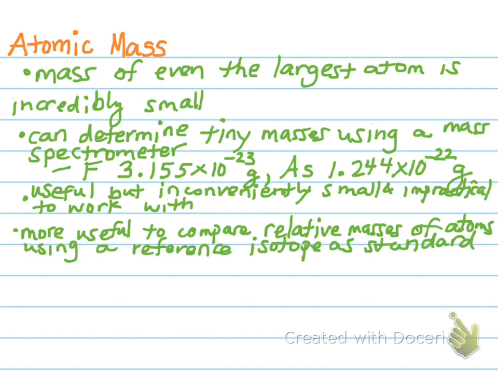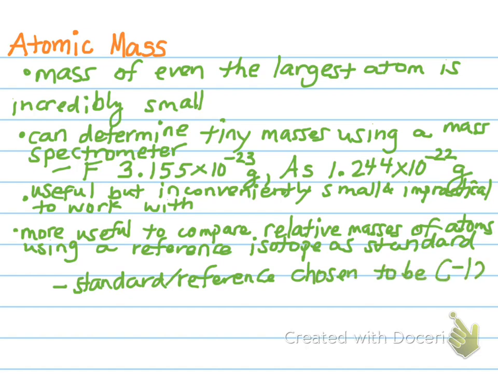What we mean by relative masses is that chemists choose an atom and say this atom has a mass of this amount, and then they compare every other atom on the periodic table to the mass of that atom. The reference isotope that was chosen as the standard was carbon 12.